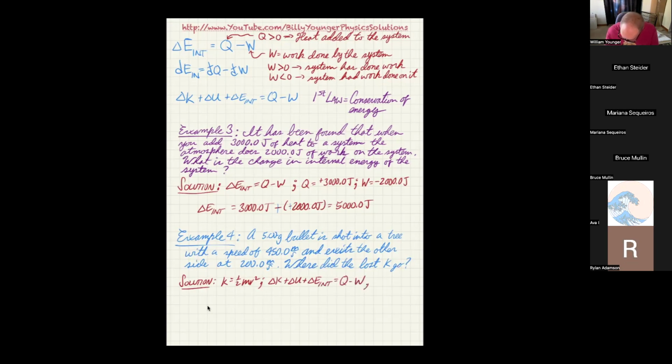And we know that V initial is equal to 450.0 meters per second. We know that V final is equal to 200.0 meters per second. We know that the mass is 5.00 grams, which equals 0.00500 kilograms.